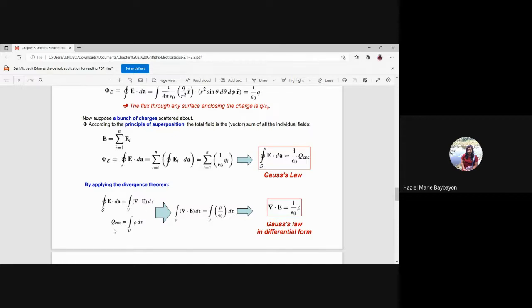Noting also that Q enclosed, we can express Q enclosed as the integral of rho d tau, from earlier, class.